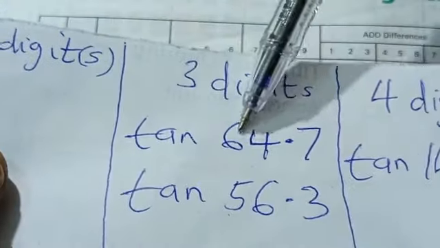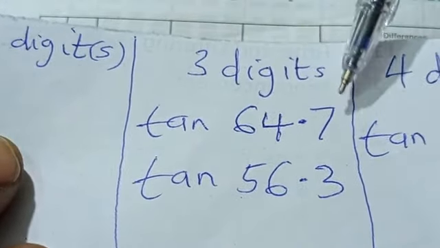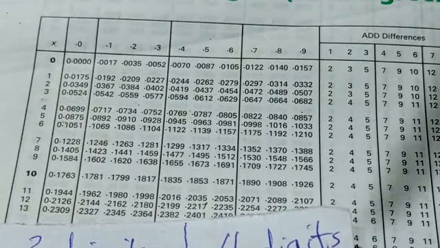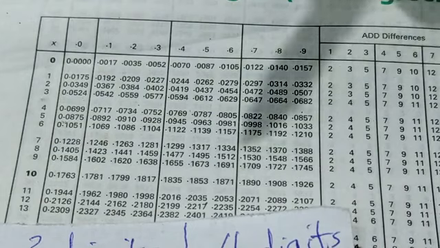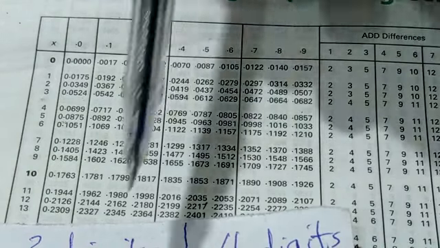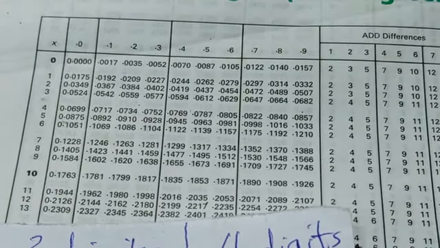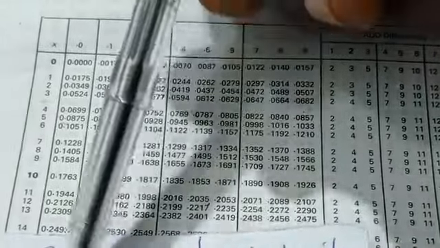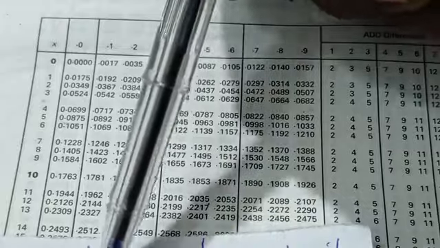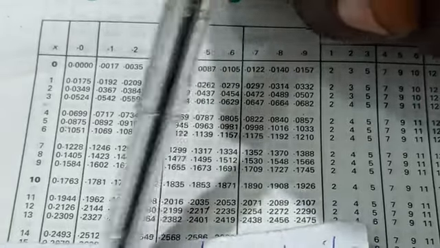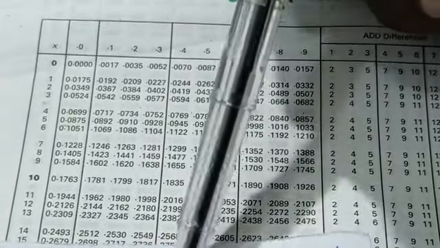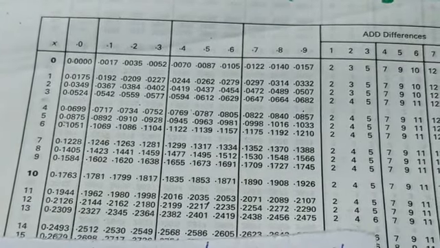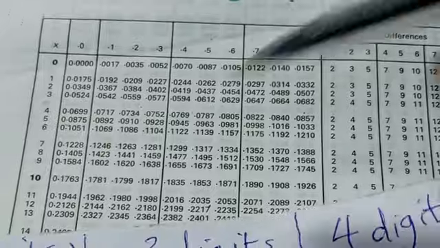Check 64 under 7. The one or two digits that we have done, we checked under 0, isn't it? This time, let us check it under 7, because there are 3 digits: 1, 2, 3. So the first 2 digits are going to be your angle, and you check it under the 3rd digit. Okay, tan 64.7 degrees.